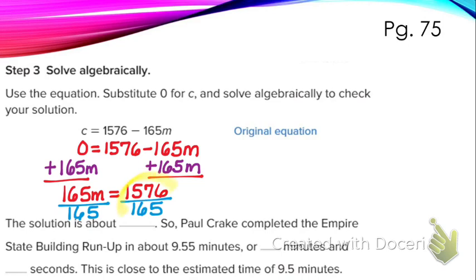Go ahead and put this in your calculator. And that's going to give us the exact answer. So we looked at the graph to get the approximate. Now we're going to find the exact answer. We're not going to round it because they didn't round it. We're going to go to the hundredths place.